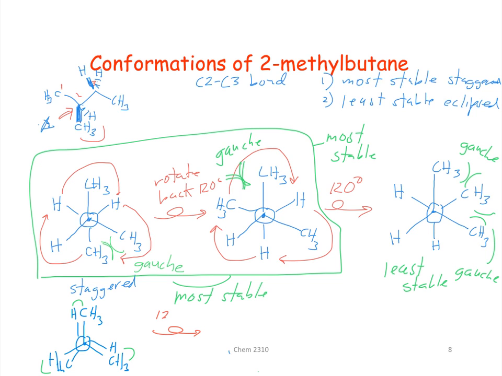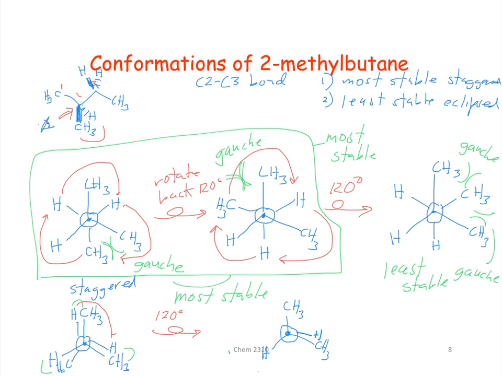We're going to do, again, the back carbon by 120 degrees. Let's see if I can fit this in here. I'll put it over here. CH3. Here's the dot for the front carbon. CH3. H. The back carbon. All right, so we're going to rotate this H over here. So that's going to put an H down here.